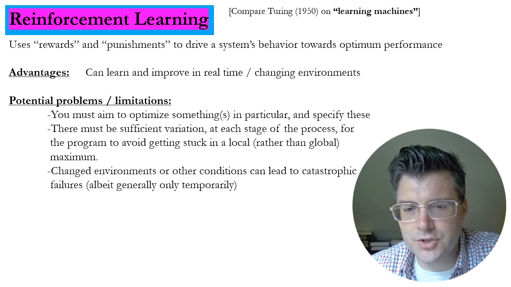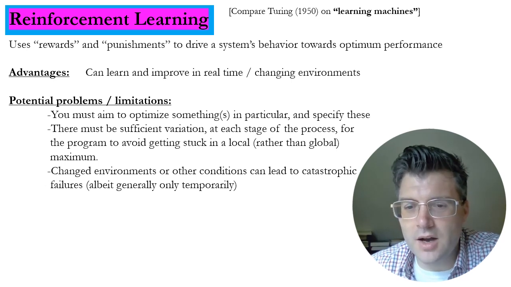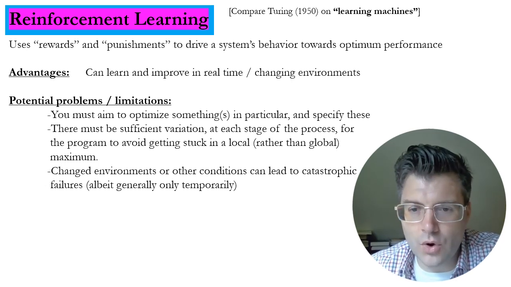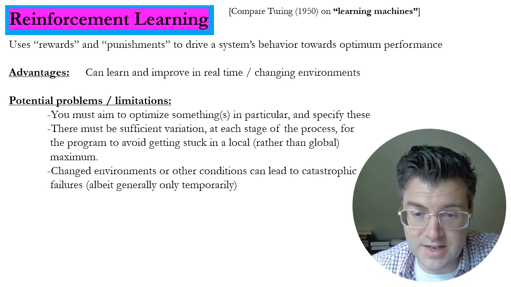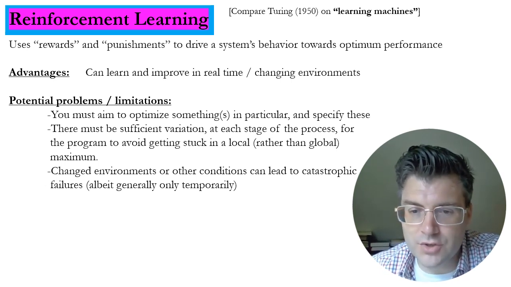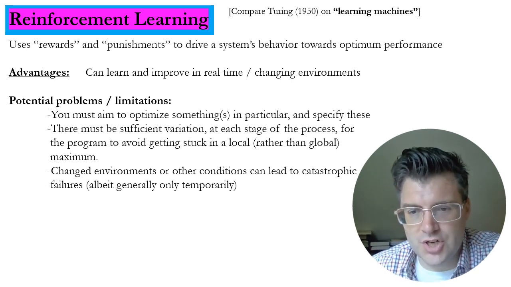And so it's better to allow the system to basically discover effective ways to meet the goal. And sometimes these systems will discover effective ways to meet the goal that are really surprising from the standpoint of the human researchers, because they wouldn't have thought to program that into the machine.